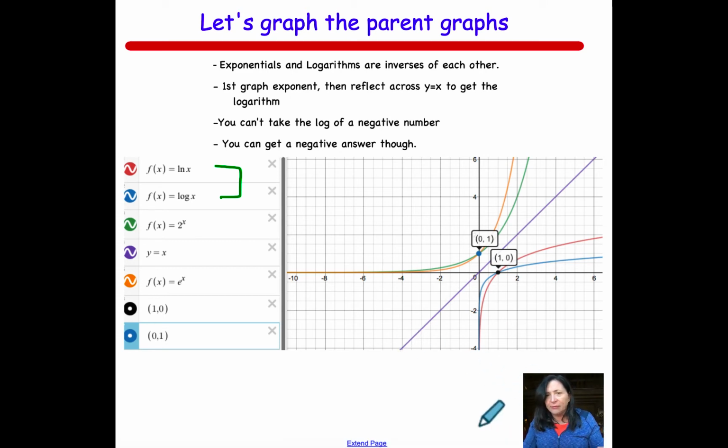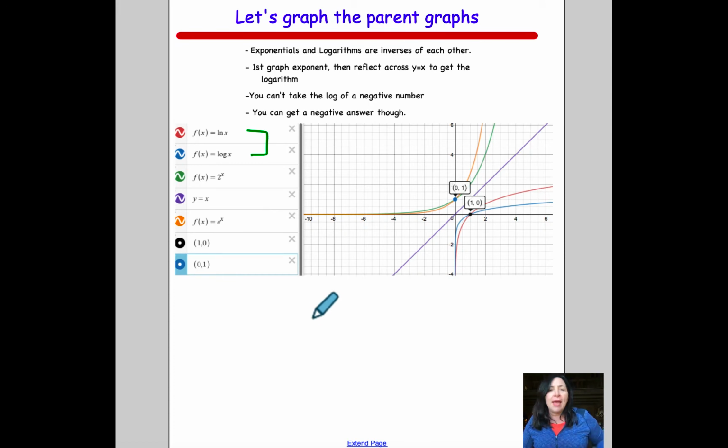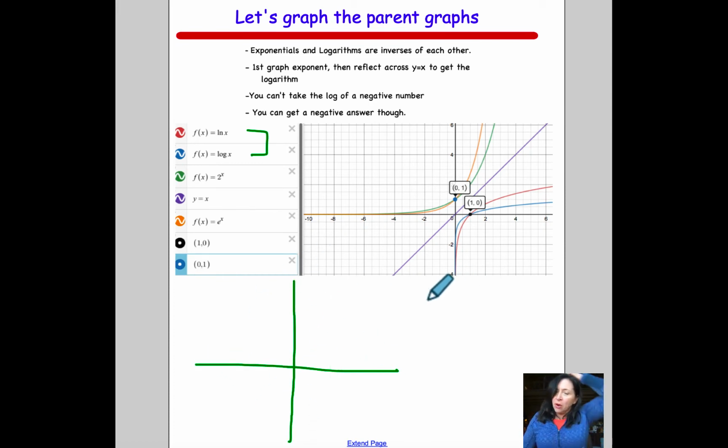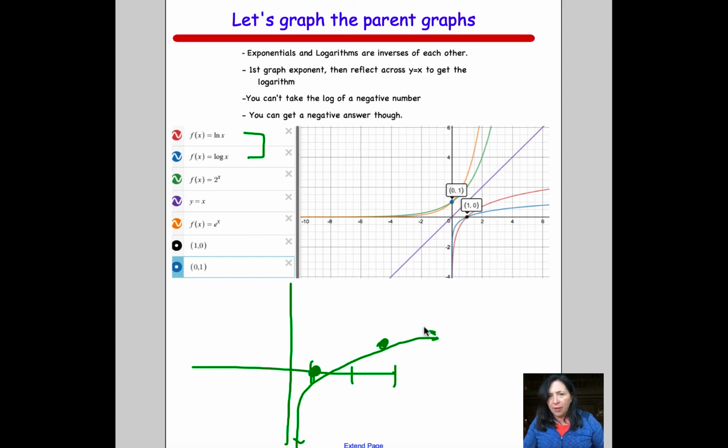They're slightly different, because when you think about log base 10 of x and ln of x, ln of x is at (1, 0) and also at (2.718, 1), so about here. So this graph does this, right? And the other one is a little bit rounder. So I'm going to redraw that part.